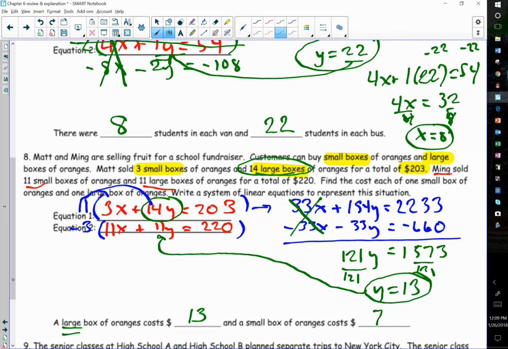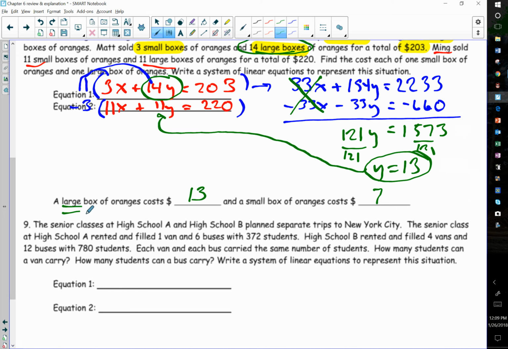And because this video is getting very long, I'm going to look at number 9 and show you how to set the equation up and then give you the answers. That way you can do the elimination method on your own. Number 9, similar problem to number 7. High school A rented and filled 1 van, 6 buses, 372 students. That would be 1x plus 6y equals 372.